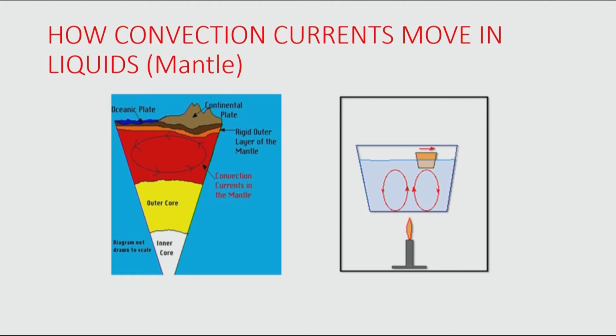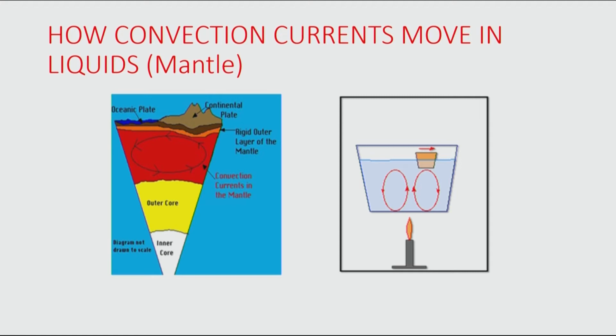On my right side, I used a simple diagram to show how heat moves in liquids. We are able to see a Bunsen burner down there, and we have liquid. On top of that liquid, there is an object that is floating.